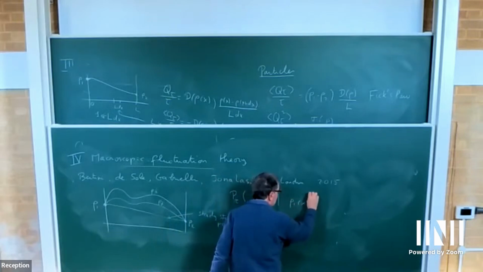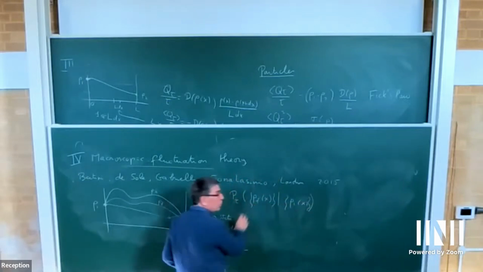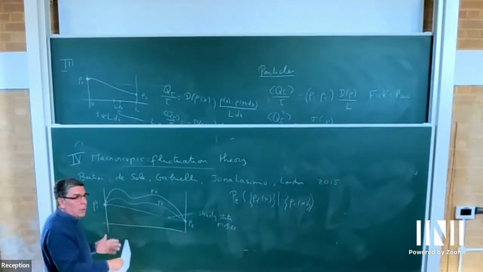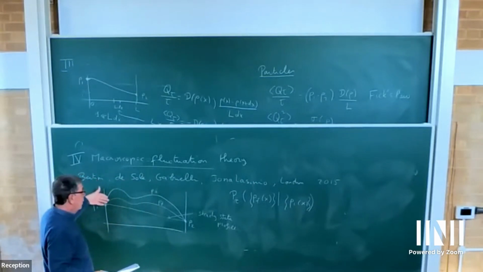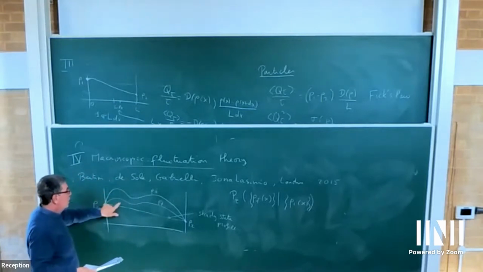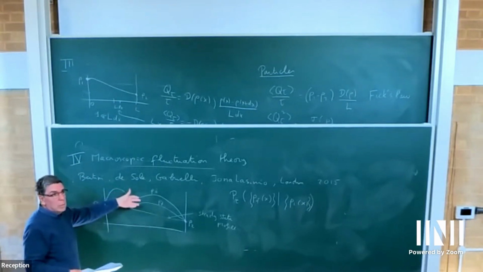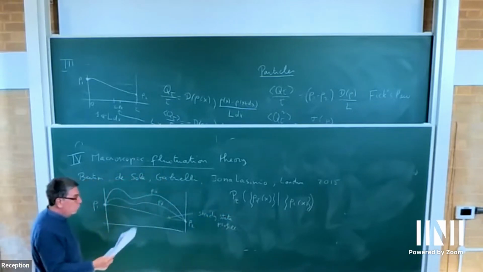I put parentheses because it's not a function of a number, but a function of the profile. So what's the probability that I observe this final profile, given that I know the initial one, and given a certain time?